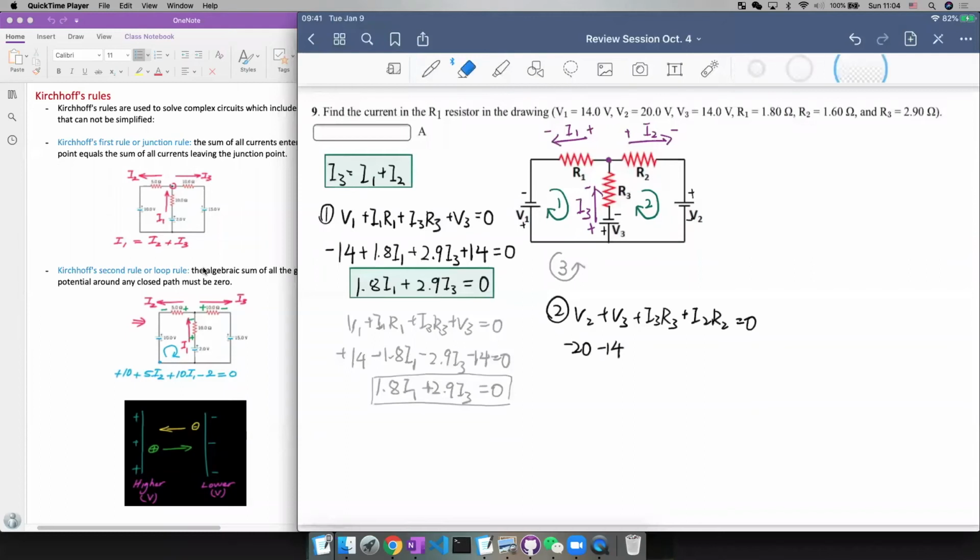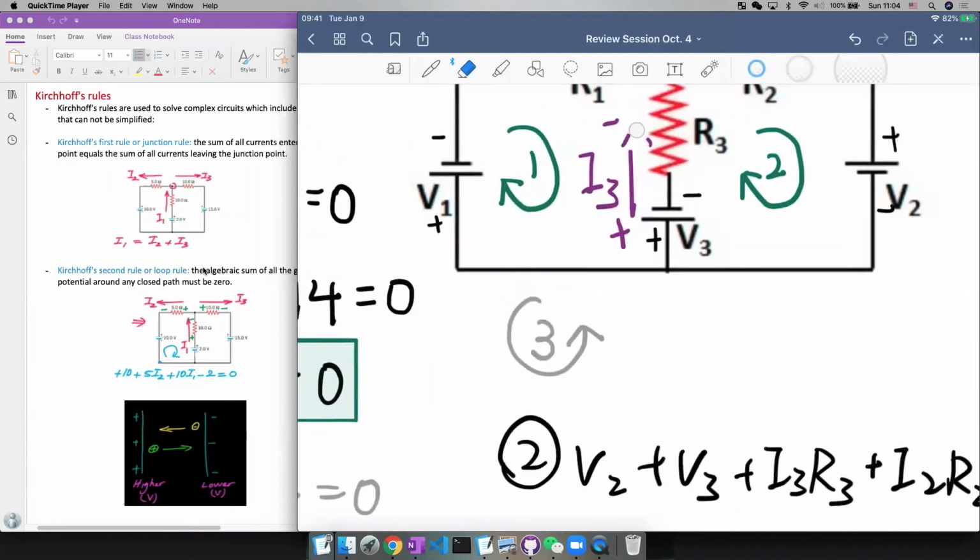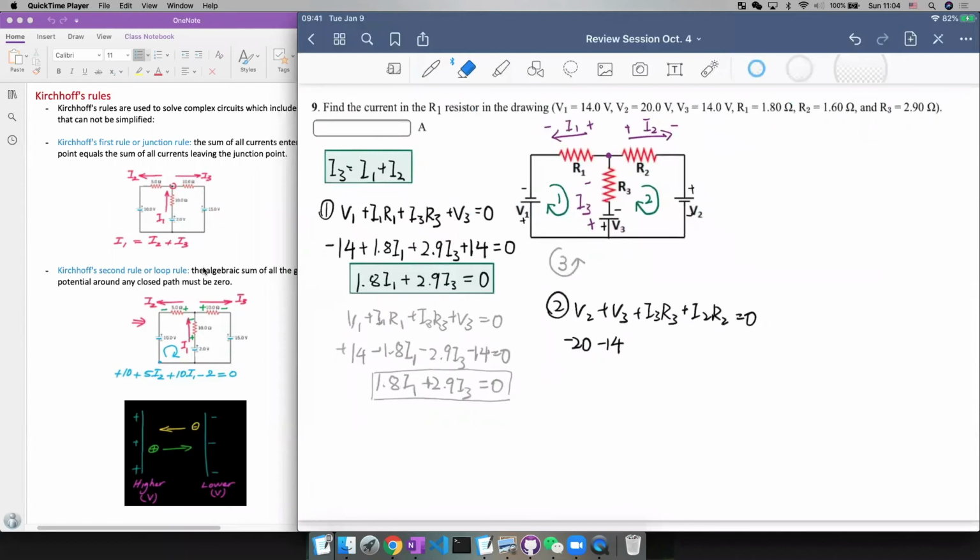Okay, look at here. If I erase this part, you can still check. You still know if R3 is a gain or loss, right? Because we already have the electric potential. It's from higher to lower, so we still can know it's minus, right? It's minus 2.9 I3, right?